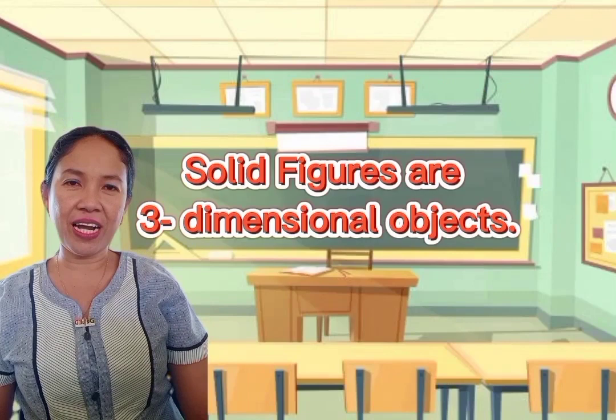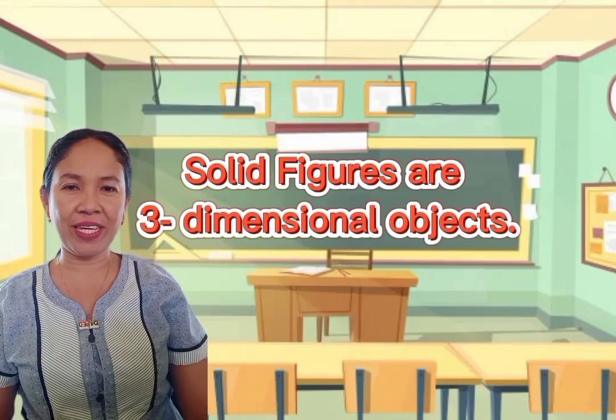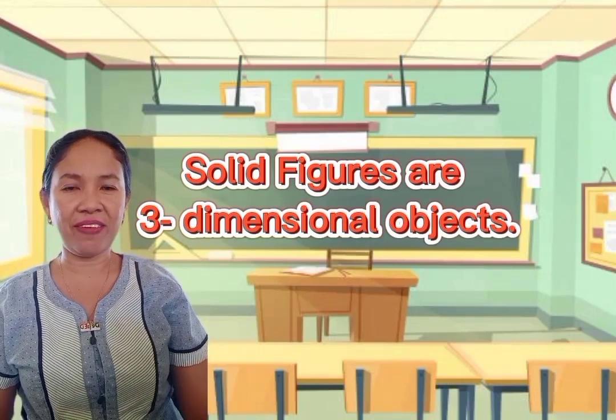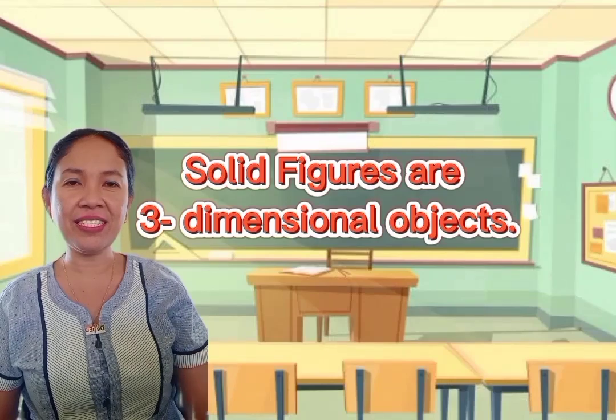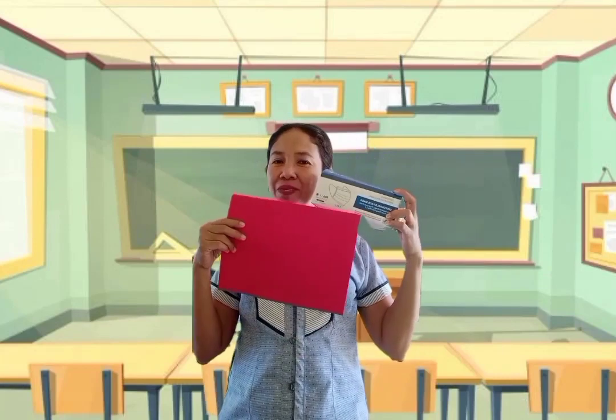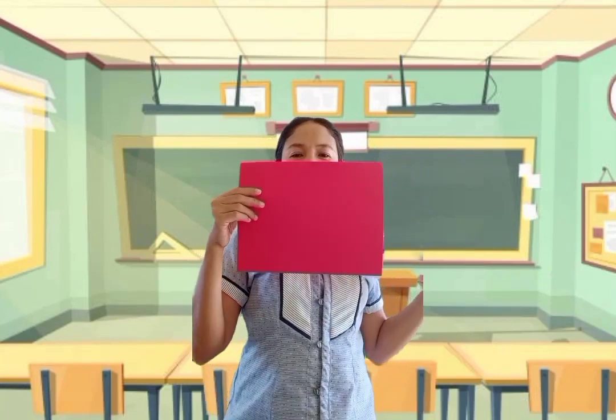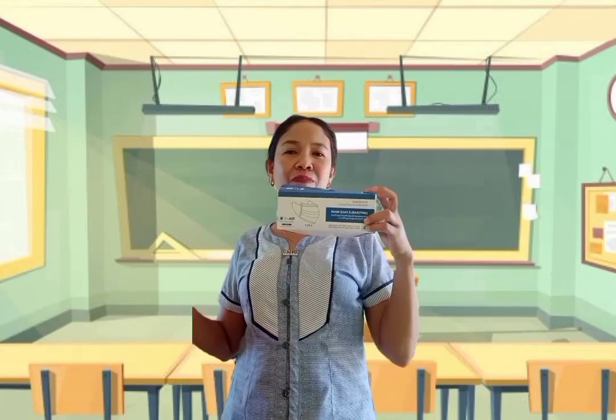Solid figures are three-dimensional objects, which means they have length, width, and height. To avoid confusion, let us now differentiate between the plane and the solid figures. I have two objects with me, one colored paper and one box of face mask.